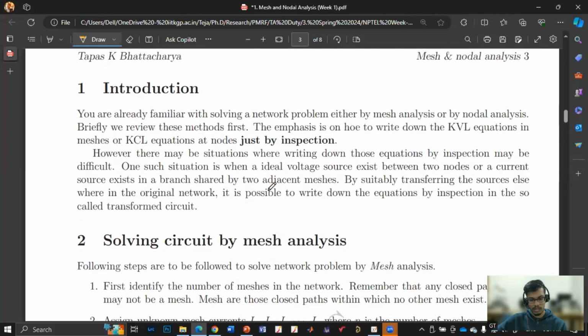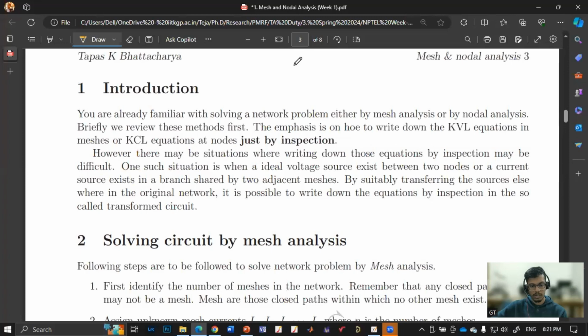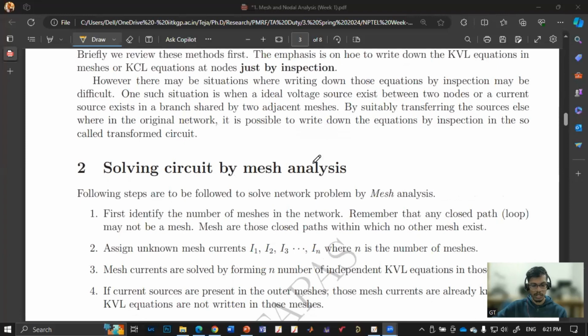KVL in mesh analysis and KCL in nodal analysis. Yes. So in mesh analysis, we use Kirchhoff's voltage law, and in nodal analysis, we use Kirchhoff's current law.